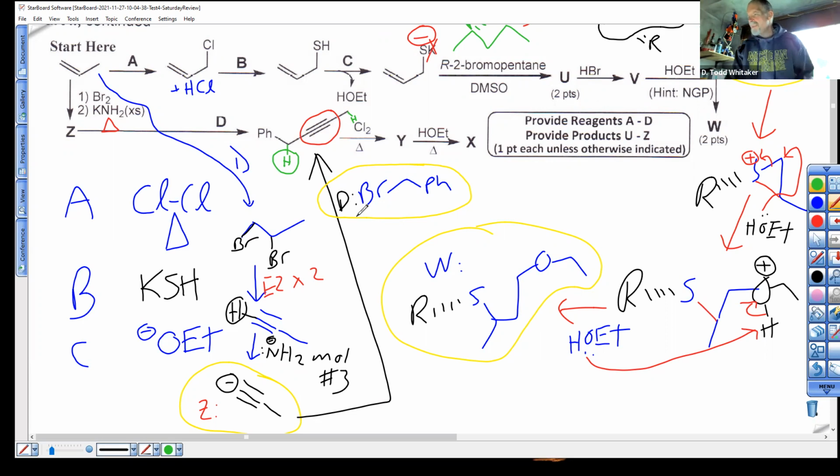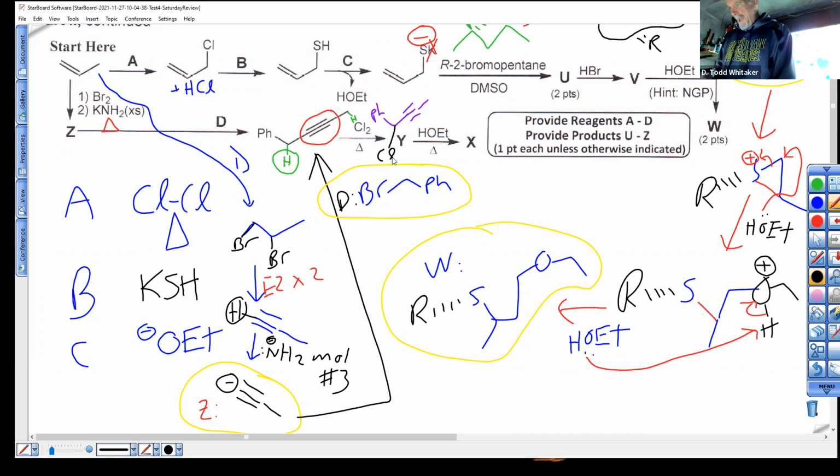So Y is going to look like this. I'm going to try to write it right above Y because space is becoming a thing here. Phenyl goes to C-triple-C methyl with a Cl on here.